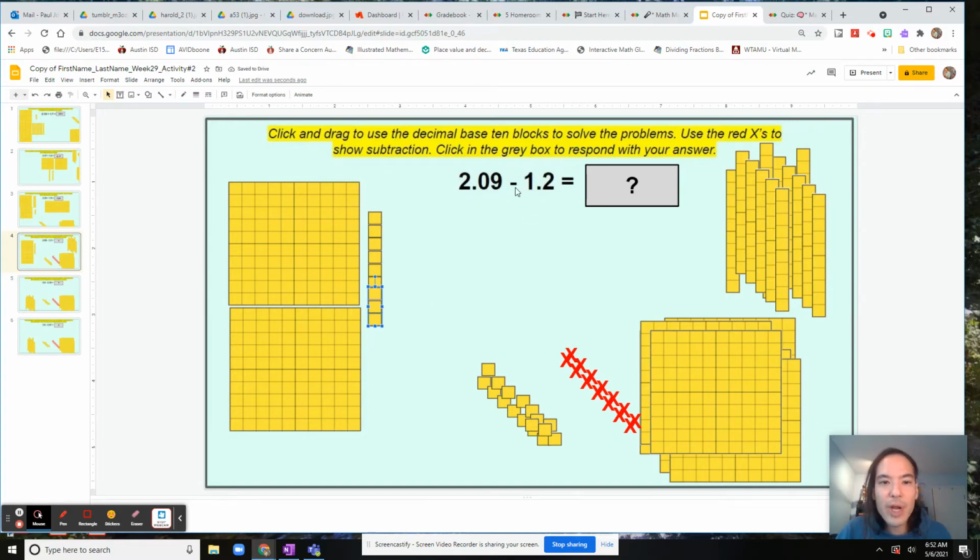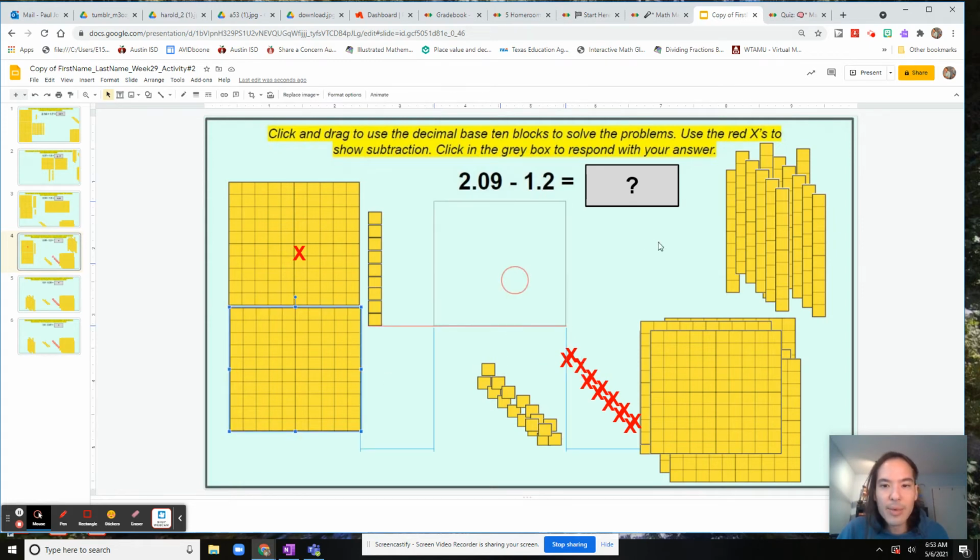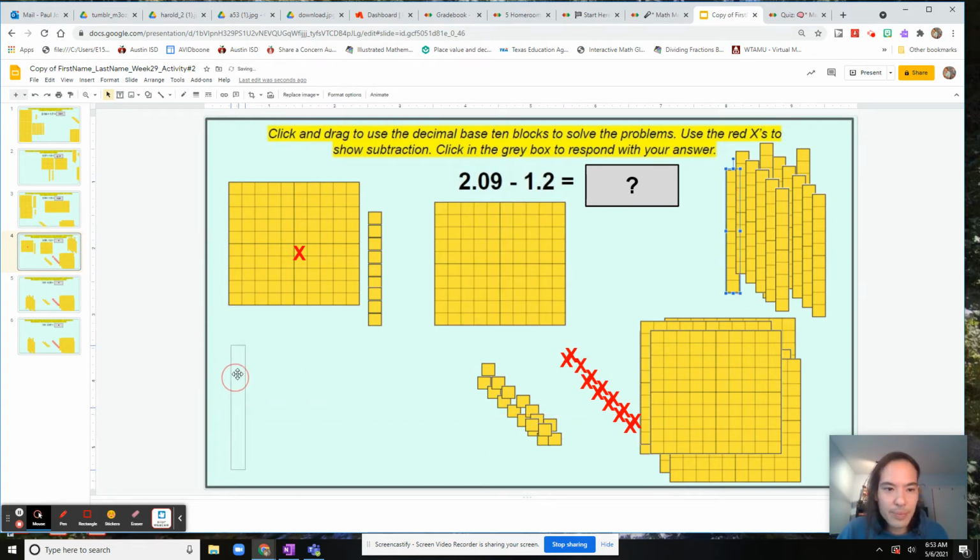Now they want me to subtract 1 and 2 tenths. All right, so what I'm going to do is the x's mean subtract. So I'm going to take away this one whole thing. So we're going to pretend like that doesn't exist anymore. Now I'm also going to take away 2 tenths. All right, so to do that, I'm going to switch that out just so it's easier to see.